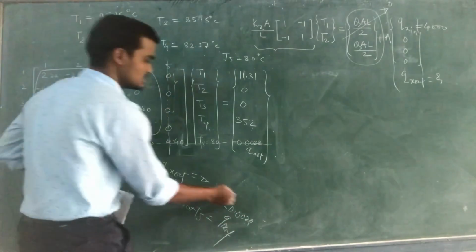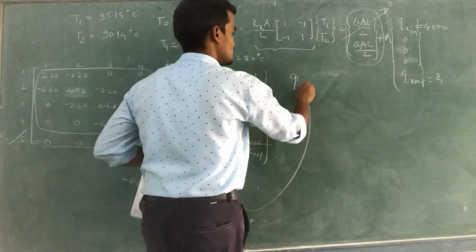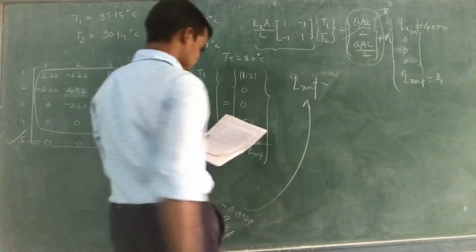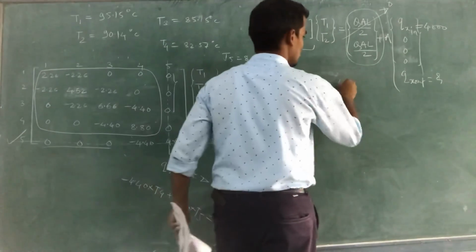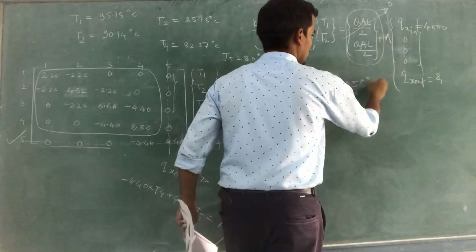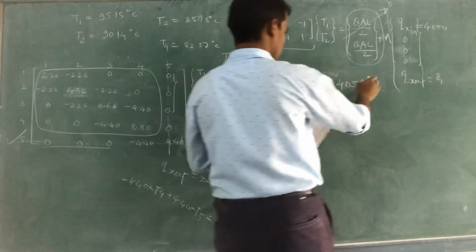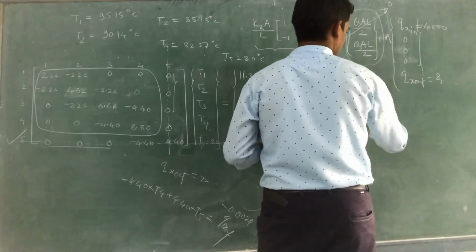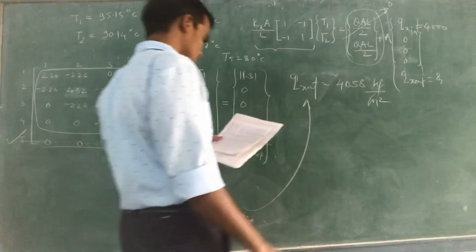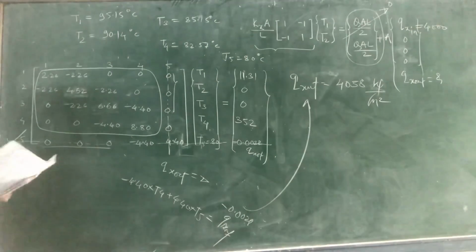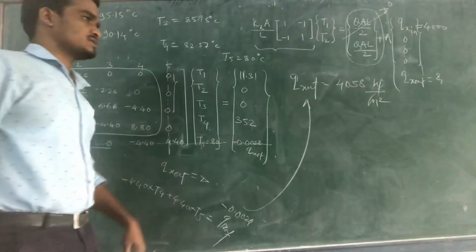So by using this, you will get Qx out is equal to 4038 watt per meter square. So in this way, you can find out the Qx out also.